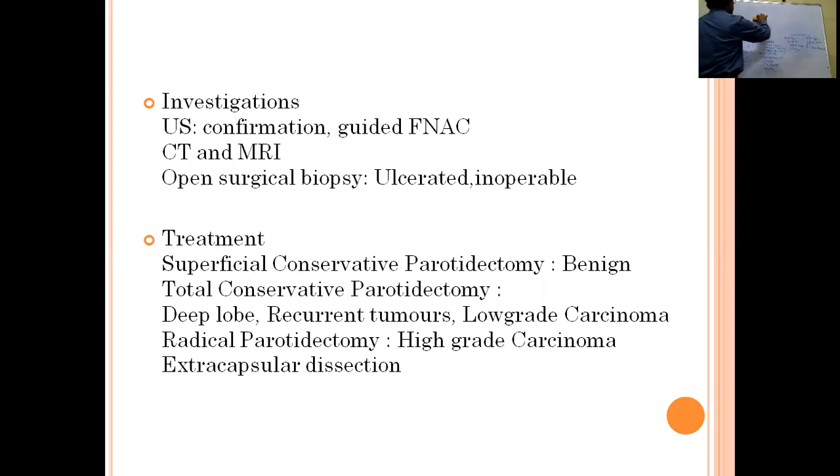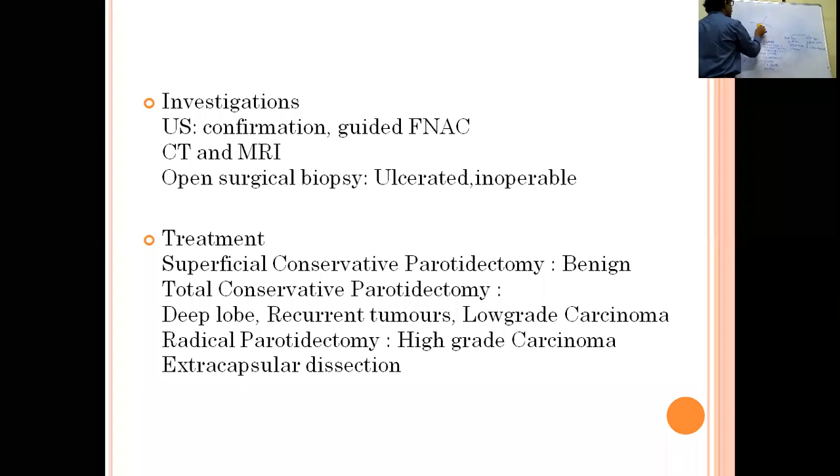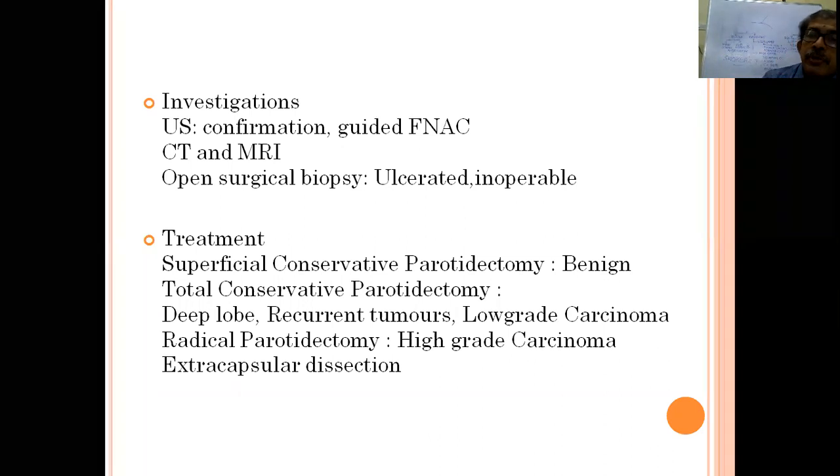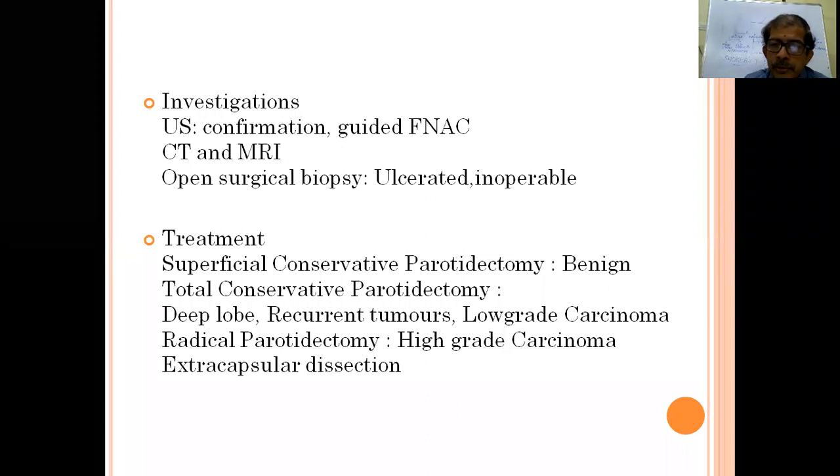Then what you have to do is again remove both lobes. So any recurrent, then low grade carcinomas, like I told you, acinic cell, low grade mucoepidermoid, adenoid cystic. If the facial nerve is not involved, you have to do a total conservative parotidectomy.